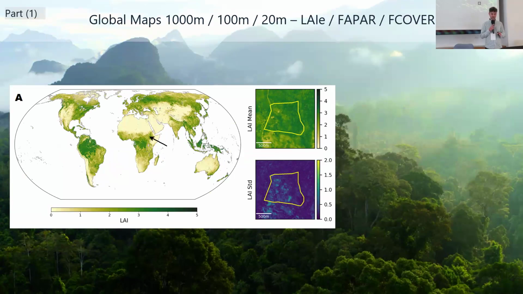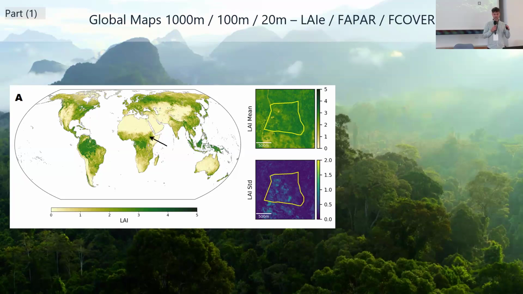fractional vegetation cover, which we mapped at annual time intervals up to 20 meters spatial resolution. And these are aggregated to annual products because we think it's most useful for tracking restoration efforts by looking at the peak growing season throughout the year.